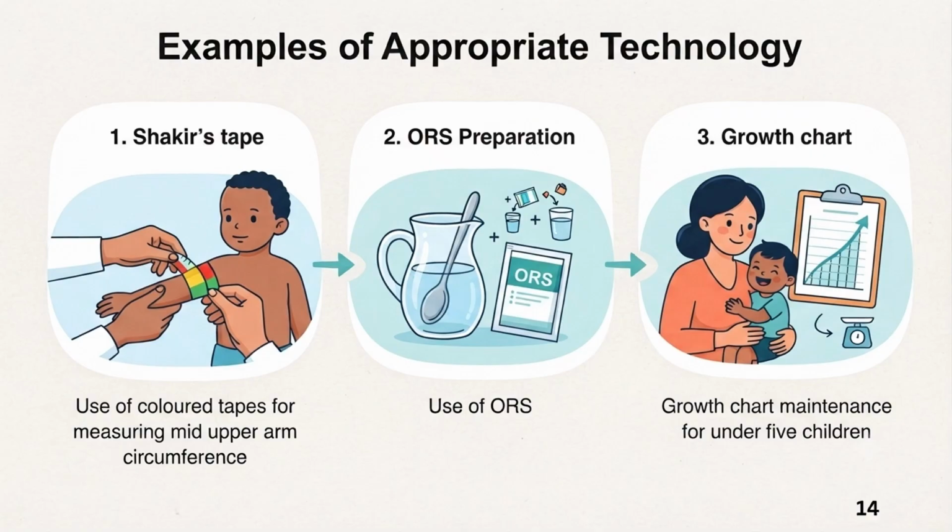One more example is ORS preparation. Say for example, one person is suffering with diarrhea and is having dehydration. If we suggest they travel so much distance and receive IV fluids, some people will go and some will not, because of the distance, or because they are afraid of IV injection.